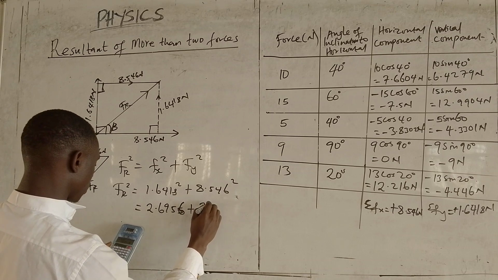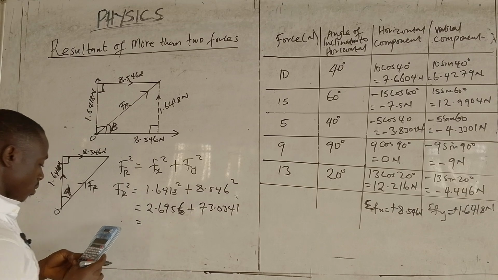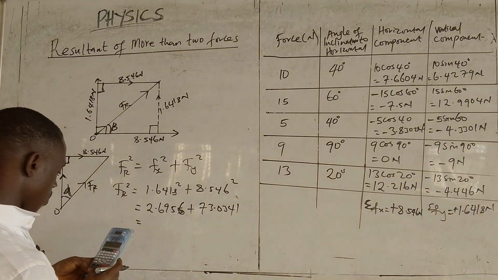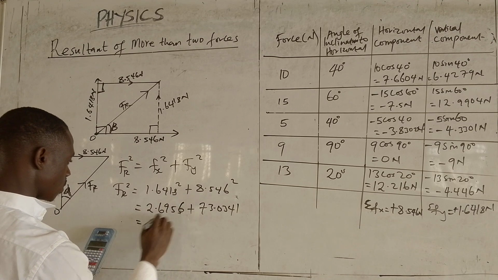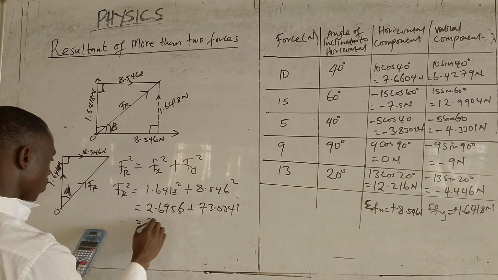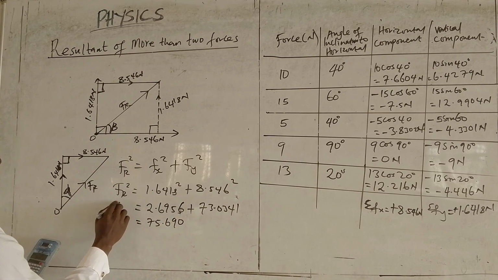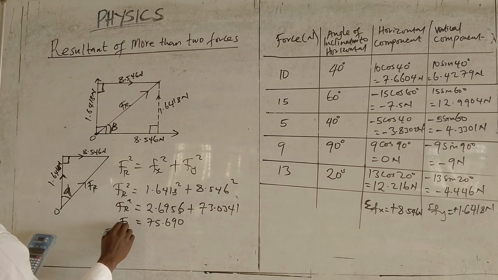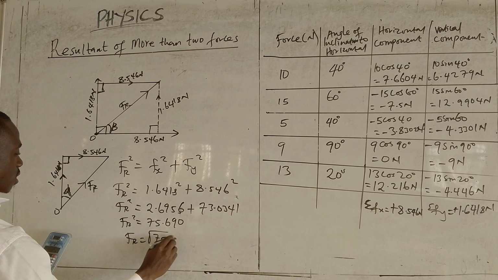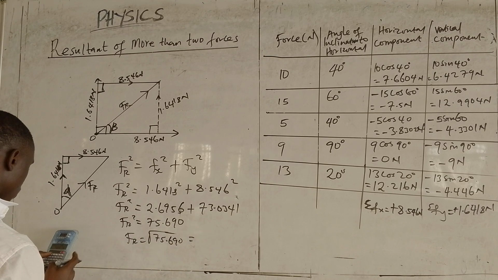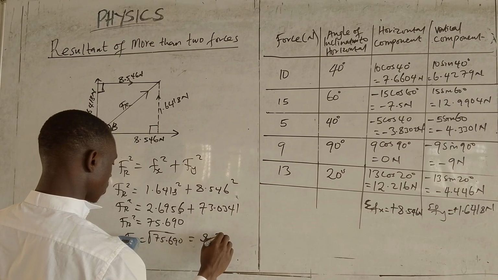That is 2.6955 plus 73.0341, and we have 75.690. That's FR square, so FR will be the square root of 75.690, and that's 8.7 Newton on the dot.